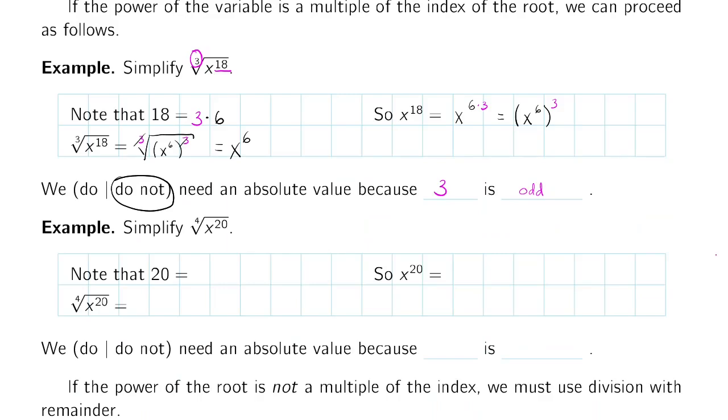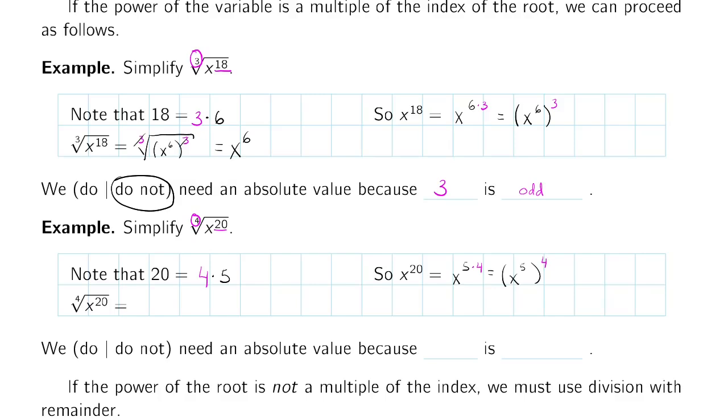Next, let's simplify in a similar way the fourth root of x to the 20th. Now, 4 goes into 20. We notice that 20 is 4 times 5. So x to the 20th is x to the power 5 times 4. Using the power of a power rule, that's x to the 5th to the 4th.